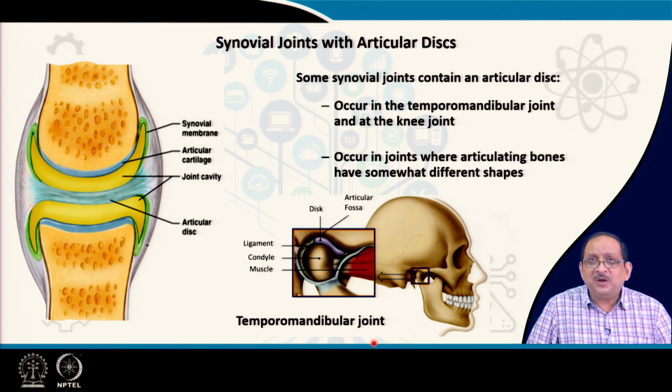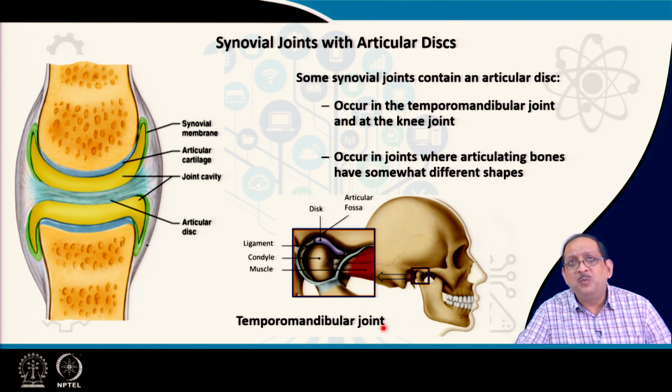The synovial joints with articular discs are found in joints where the articular bones have somewhat different shapes.